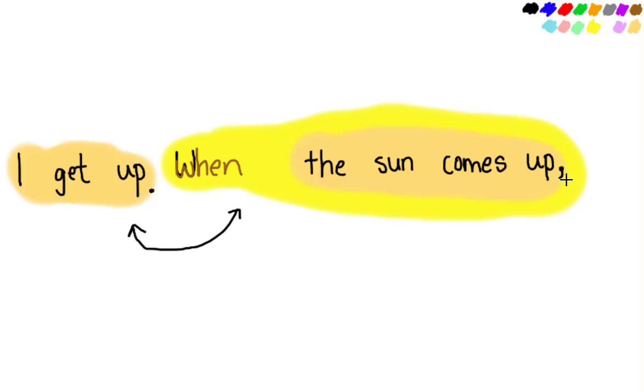So there is a comma after the subordinate clause if it comes first. And you can tell that when you're speaking. You go, when the sun comes up, so my voice is going up a little bit to show that I haven't finished. When the sun comes up, I get up.